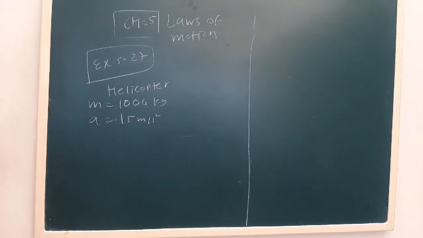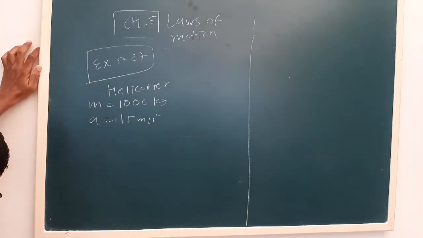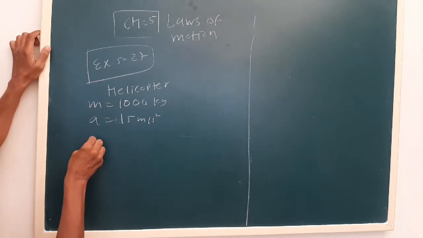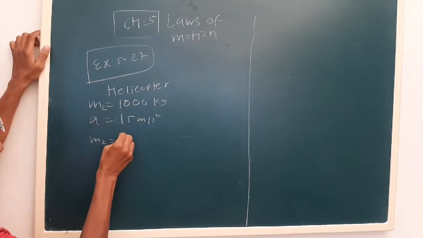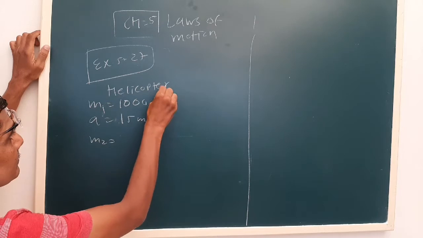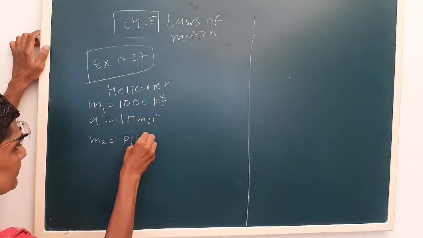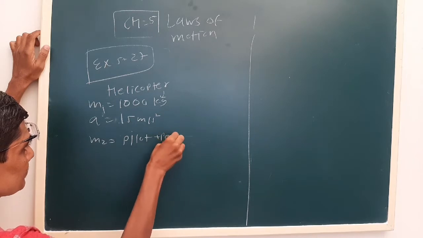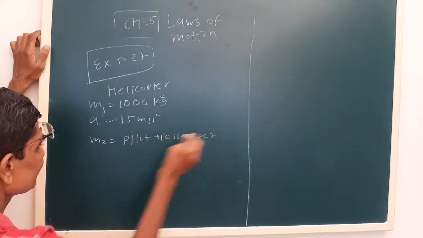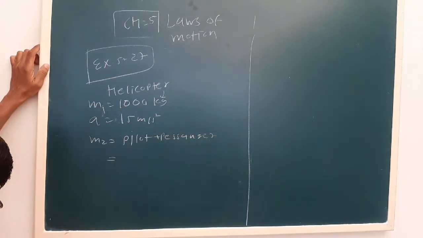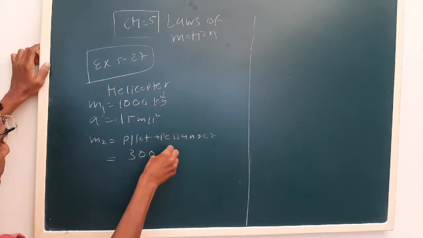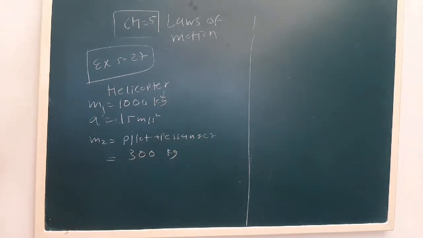Okay, now see the total mass of pilot plus passengers, this is m1, is given as 300 kg. Okay, see, we have to calculate force in different conditions.